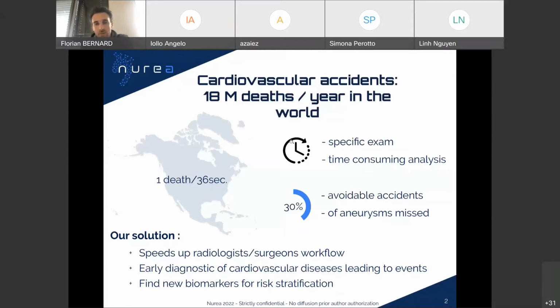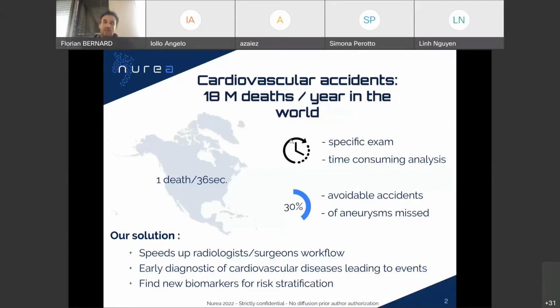Our goal, in the framework of this project but also as a company, is to help radiologists and surgeons in their clinical workflow: helping them diagnose these diseases, understand the evolution of the disease, and have a prognosis of the risk of accidents.